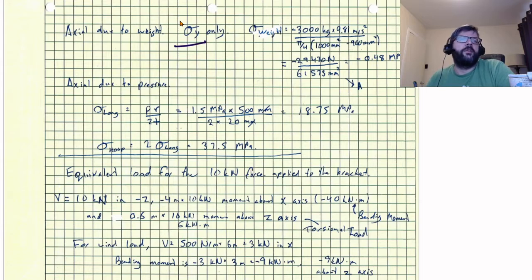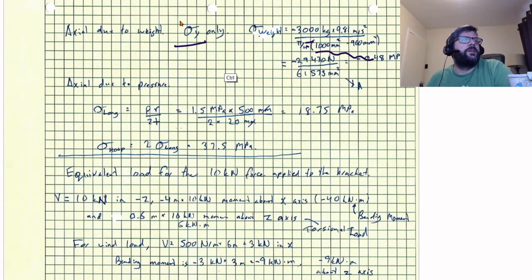So the cross-sectional area is the area of a 1 meter circle minus the area of a circle with 960 millimeter diameter, with π divided by 4 there because we're working in diameters and not radius.